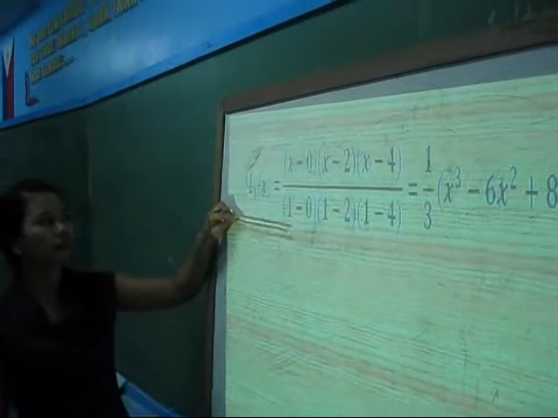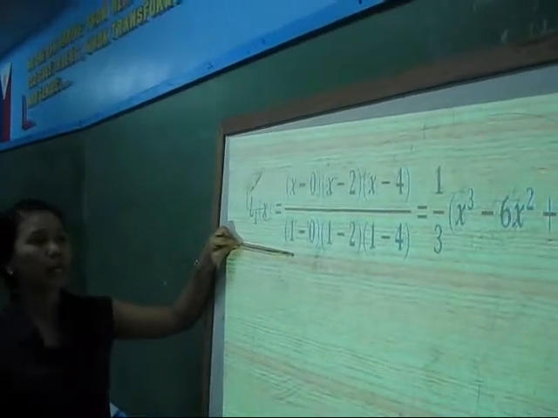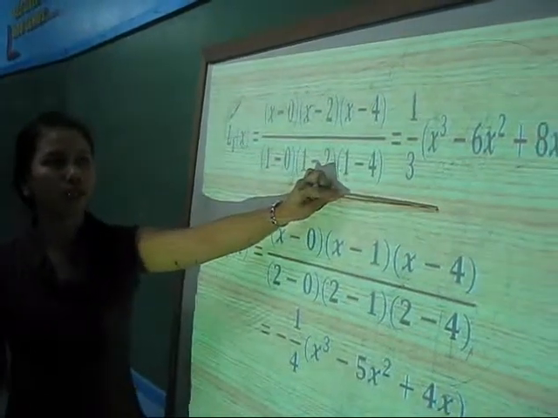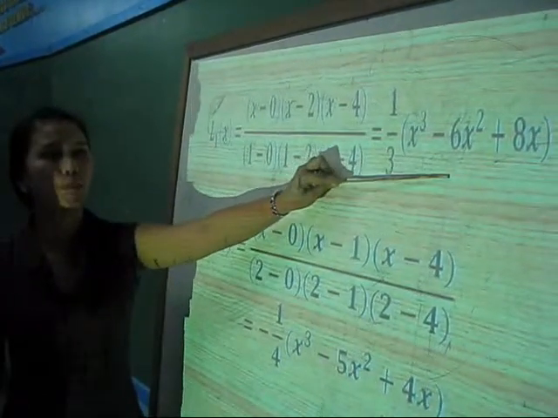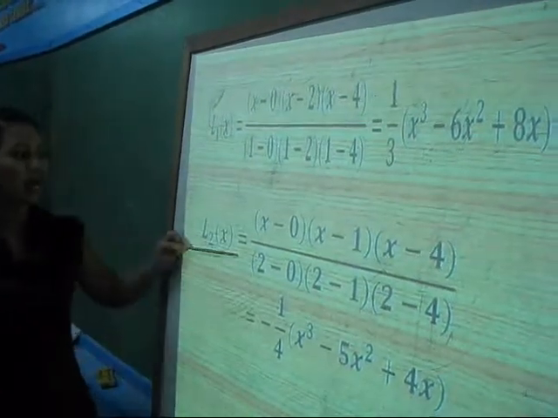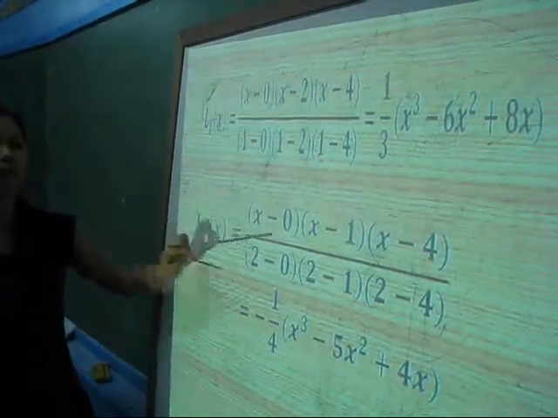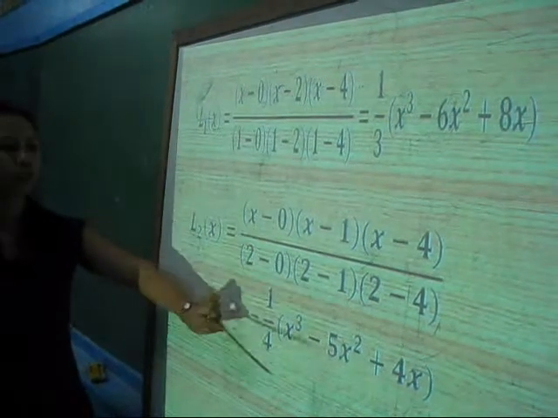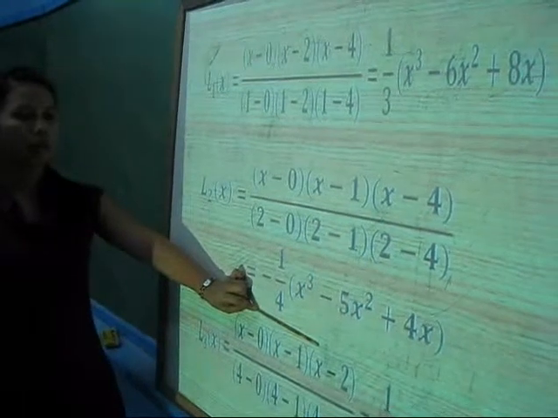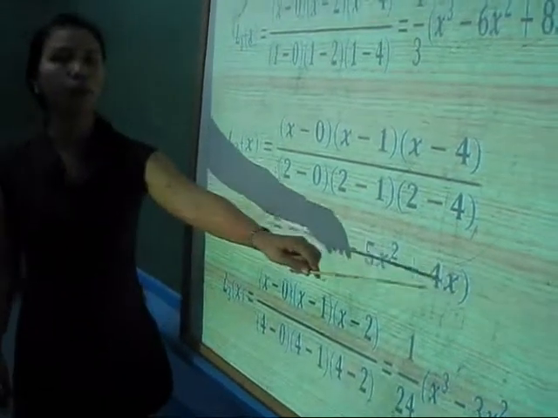And then L sub 1 of x would be equal to this expression, which would result to 1/3 multiplied by x cubed minus 6x squared plus 8x. And then L sub 2 of x would be equal to this expression that would result to negative 1/4 multiplied by x cubed minus 5x squared plus 4x.